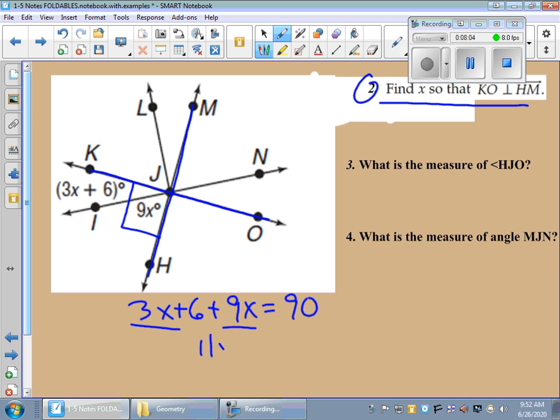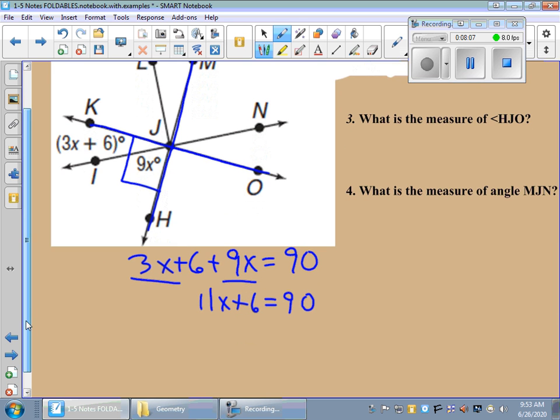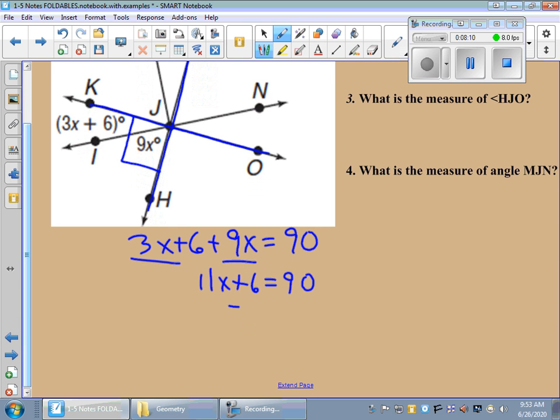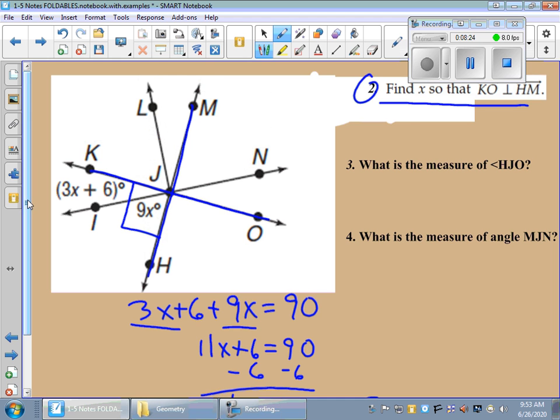So this is 11x plus 6 equals 90. Subtract the 6. So 11x equals 84. We divide by 11, and we find that x is 7.